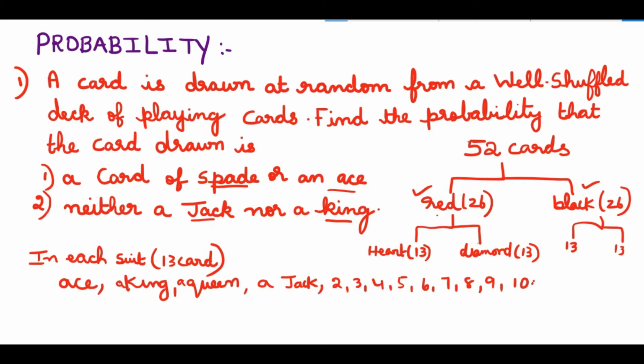In red cards, we have heart and diamond, 13 cards each. In the same way, we have 13 cards of spade and 13 cards of club. These 13 cards we call one suit, and each suit contains an ace, a king, a queen, a jack, and cards numbered from 2 to 10.